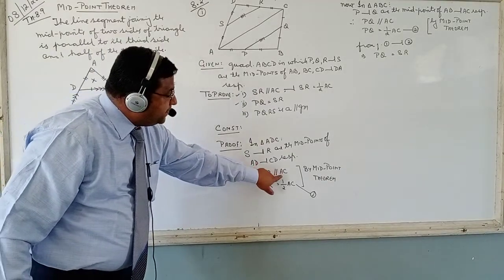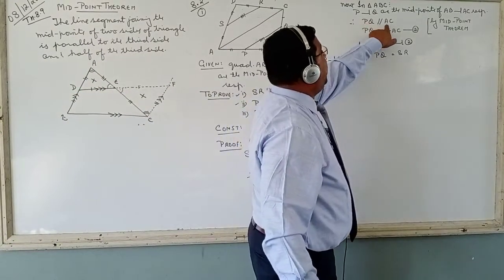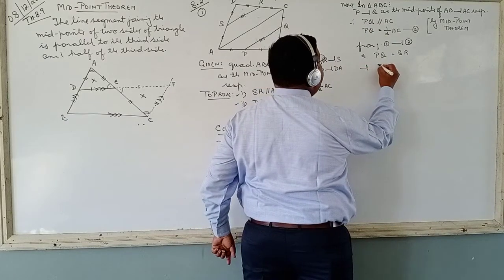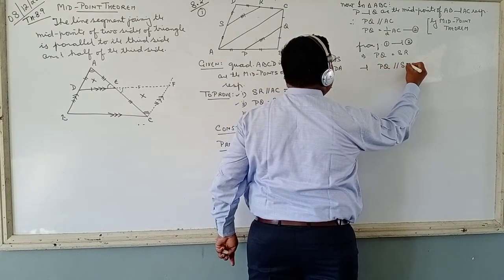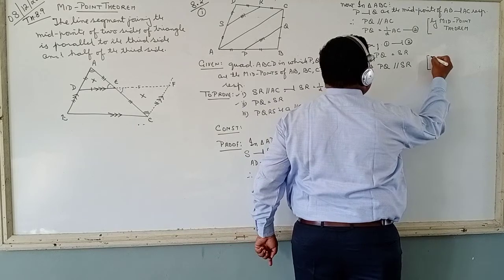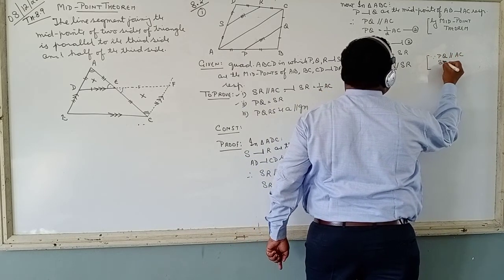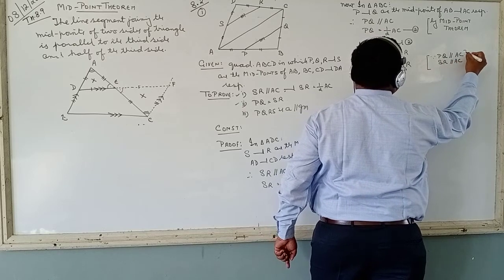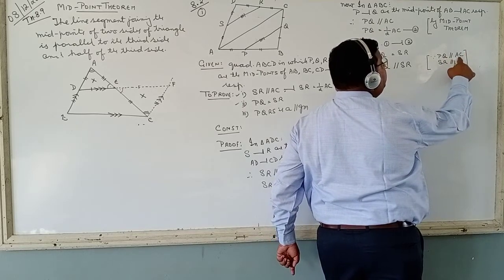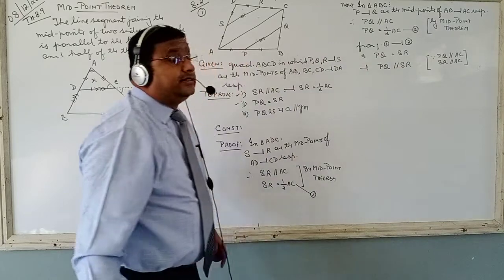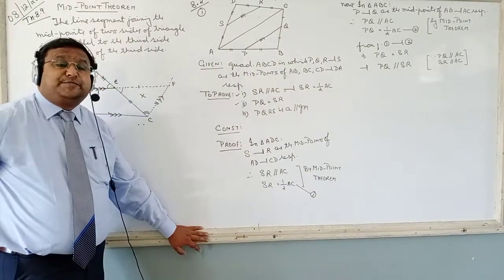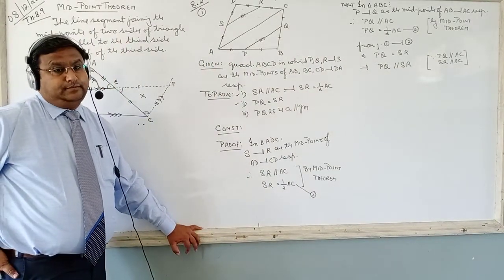Similarly, SR was parallel to AC, PQ was parallel to AC, and PQ is also parallel to SR. Write down the reason: because PQ is parallel to AC and SR is also parallel to AC. The lines parallel to the same line are parallel to each other. Theorem number 6.6, page 101.